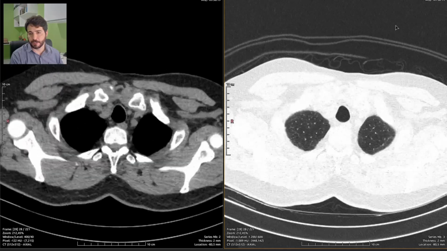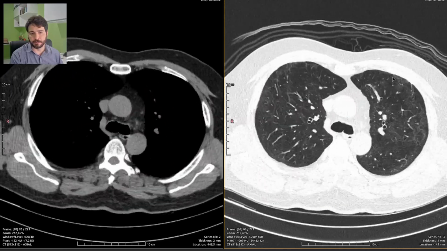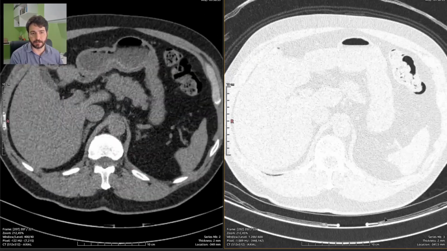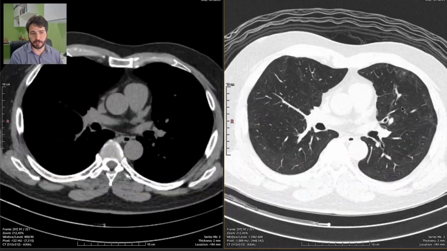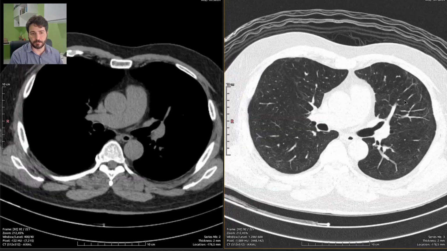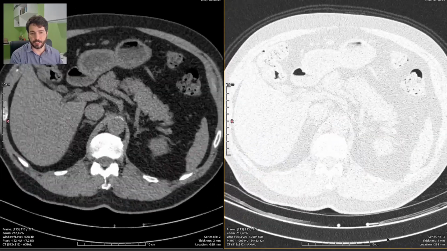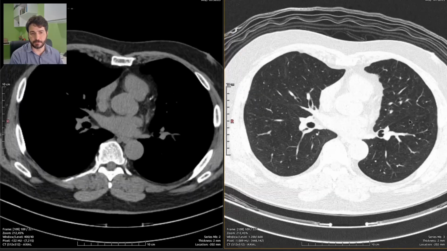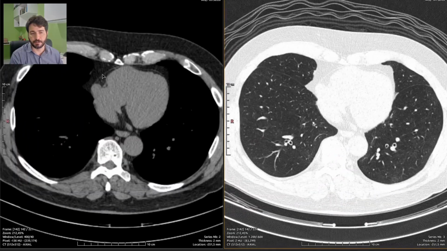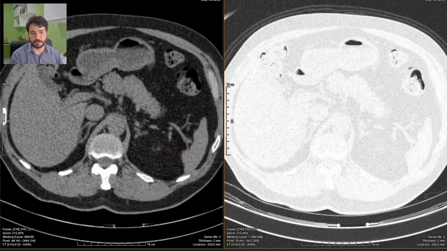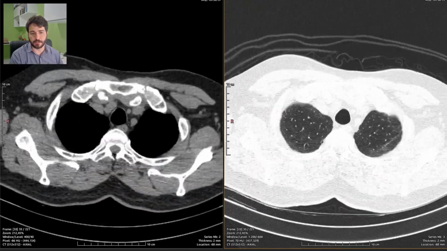So there is some very tiny acute pulmonary disease, mostly airway disease. So, yep, no adenopathy. Lymph nodes are all right.